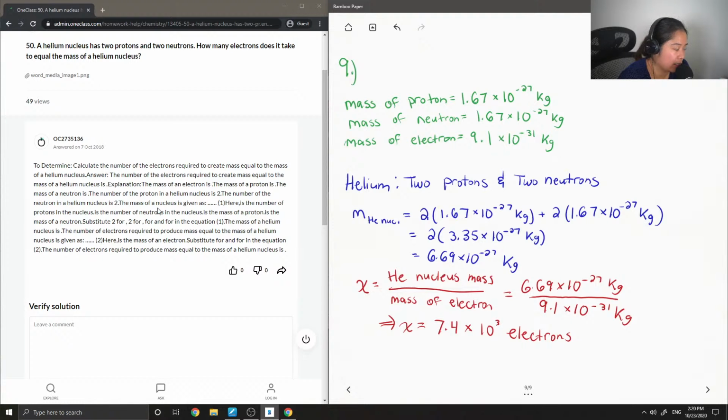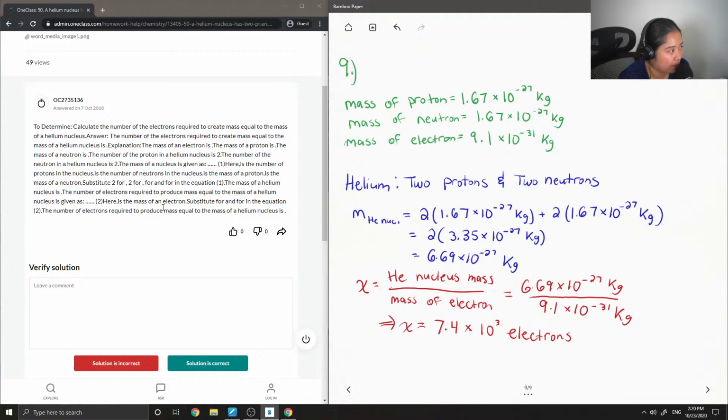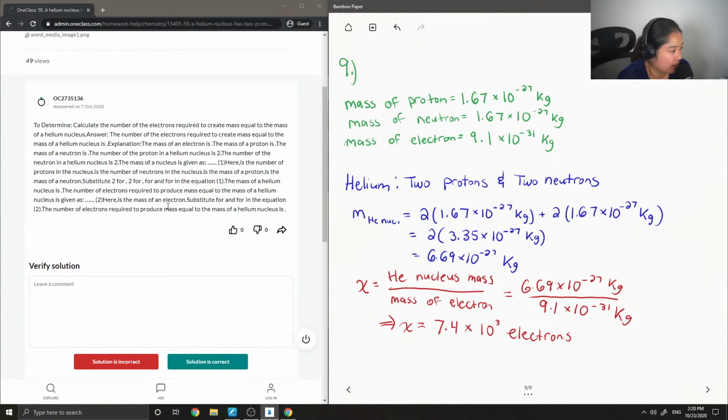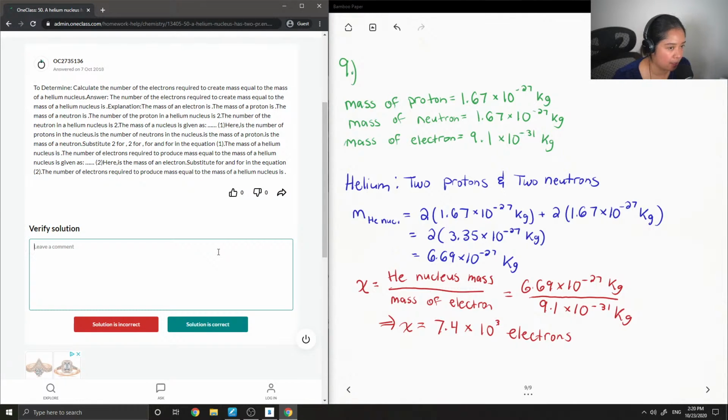But it looks like they're talking us through how to answer it. Maybe they just didn't have the values of the masses of protons, neutrons, and electrons. So I'm just going to write it down. So bear with me. I had to type this all out.